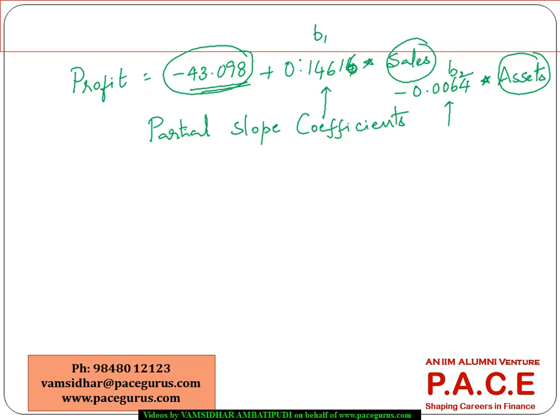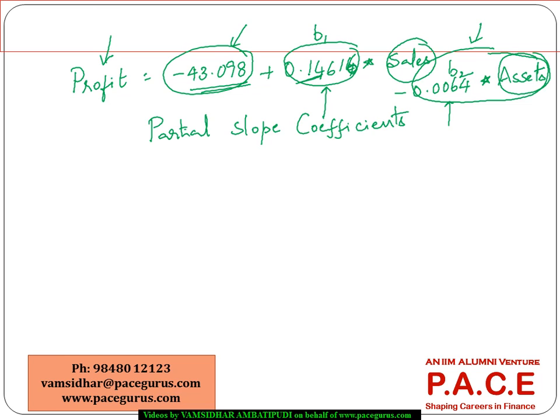The reason being, this value represents the increase in profit if the sales increase by $1. If sales increase by $1, the profit will increase by $0.14, provided there is no change in the assets. So keeping all other variables constant, if the sales change by $1, the profit will change by $0.14.